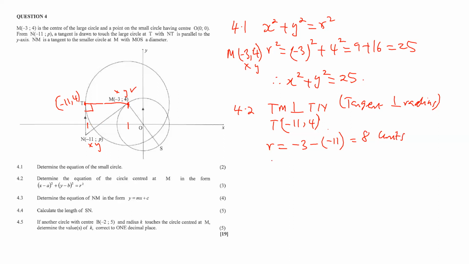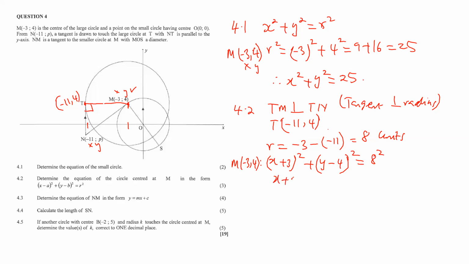Right. With that said, it means x plus 3, plus y minus 4, at the point M, minus 3, 4. You square these. After squaring, the radius is 8 squared.